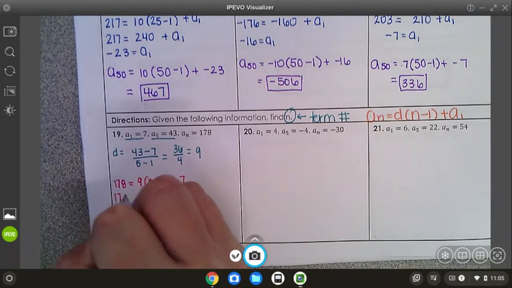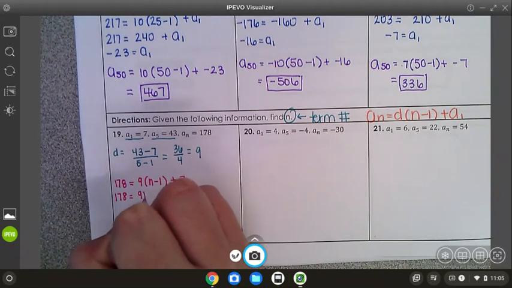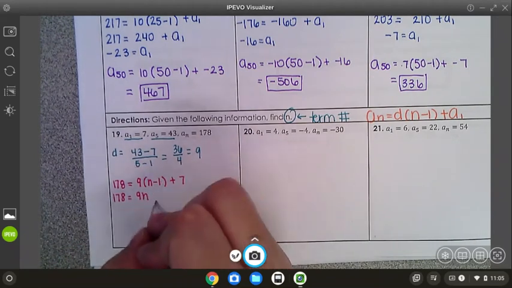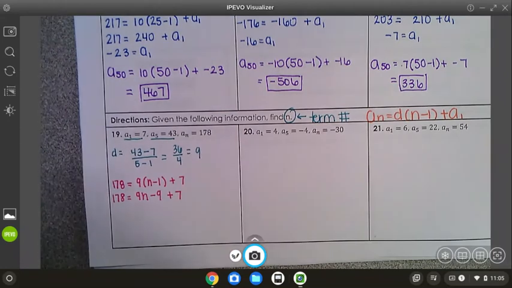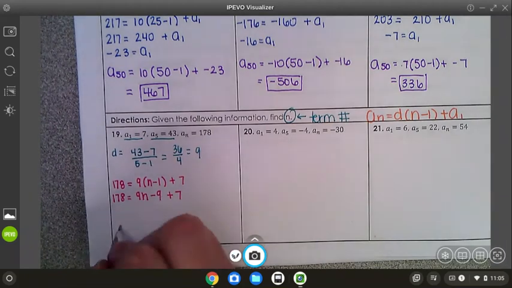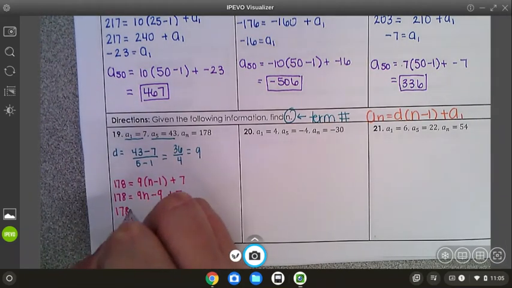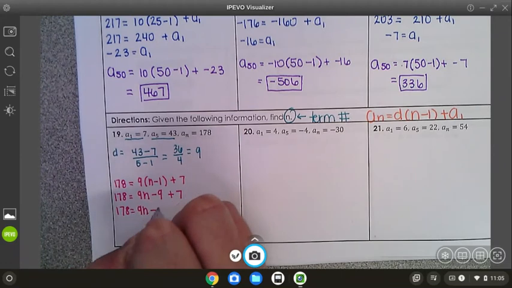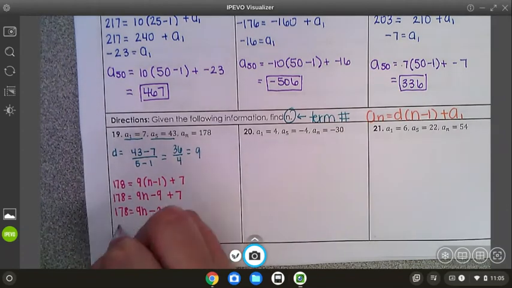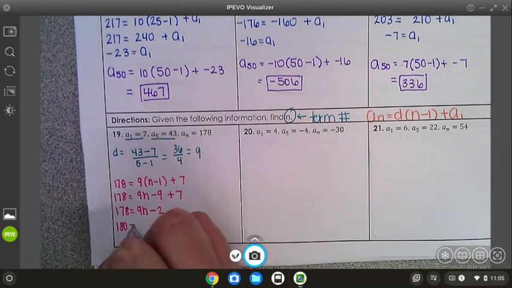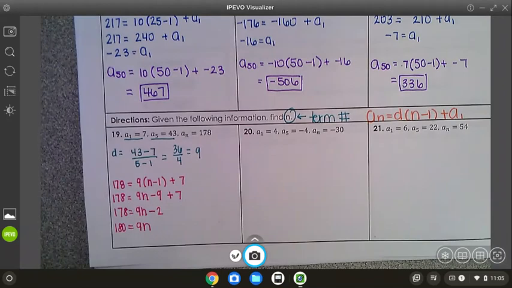So let's distribute the 9. Then we can combine our like terms. And then just solve this equation. So if we add 2, we get 180 equals 9n.